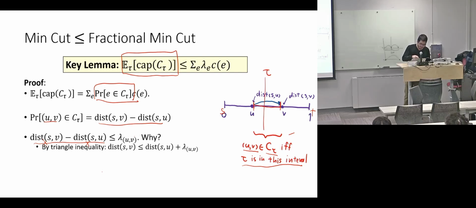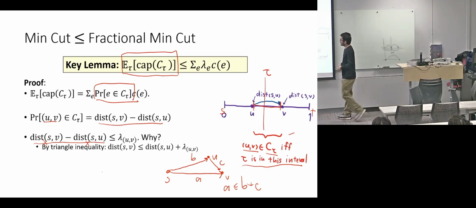You have s, you have u, you have v. So the distance from s to v is at most the distance from s to u plus, if this is A, B, C, then A is at most B plus C. So the distance from s to v is at most the distance from s to u plus the weight from u to v.